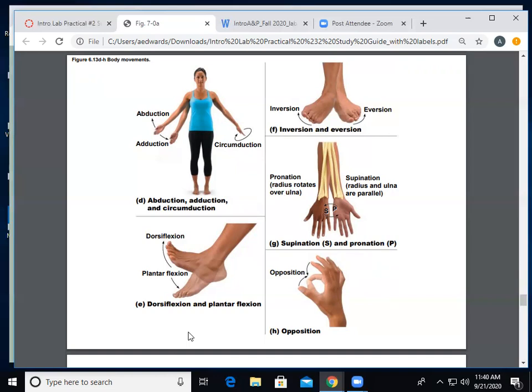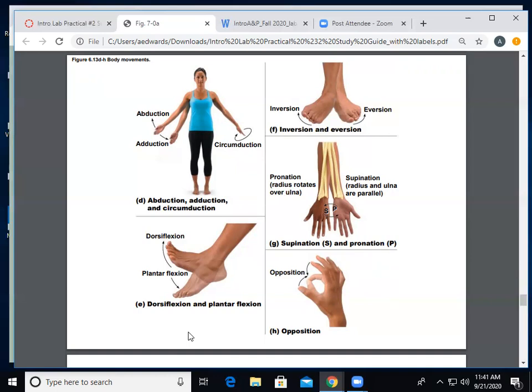All right, so with your hands, you have movements we call pronation and supination. In anatomical position, your hands are naturally supinated. Your radius and your ulna are parallel. Now, if you turn your hand over, that's pronation. Your radius is rotating over your ulna. Here you're going back, putting the palms out, that is supination.